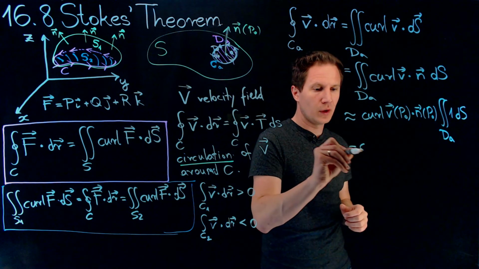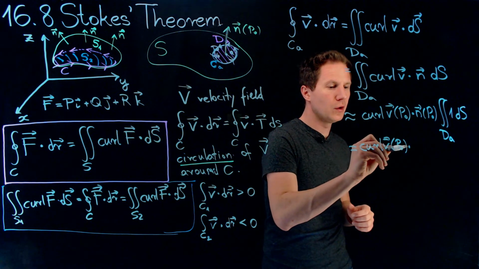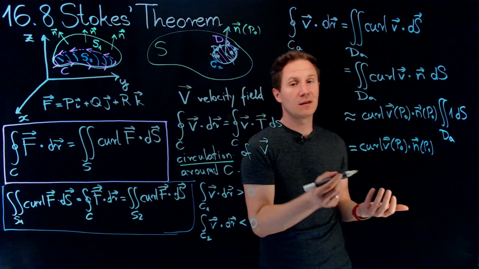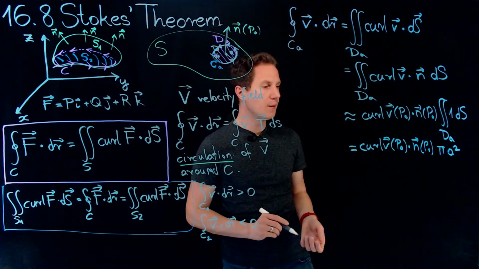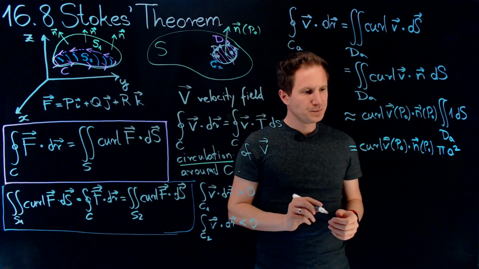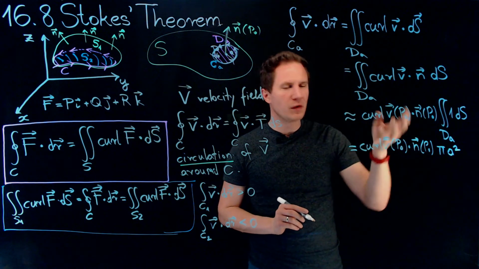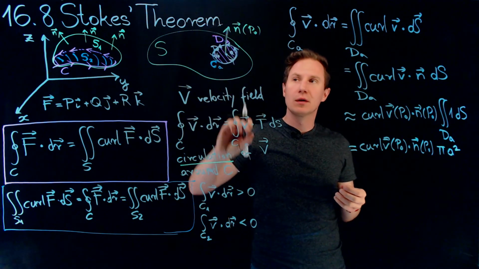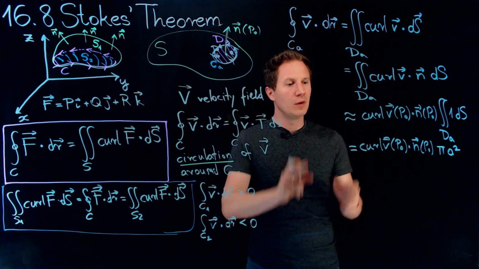So this is going to be equal to the curl of V at P0 dot the normal vector at P0, times the area of that disk, which is pi times a squared. The radius was a. So in fact, rearranging this, this approximation of course is going to get better and better as a gets smaller and smaller. So when a tends to 0, this relation will be exact.